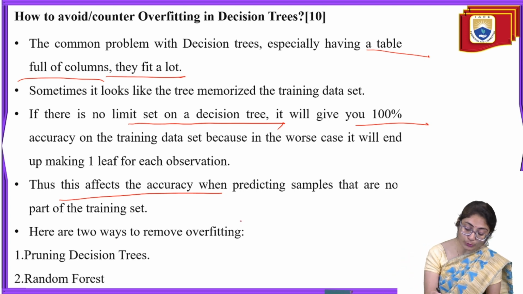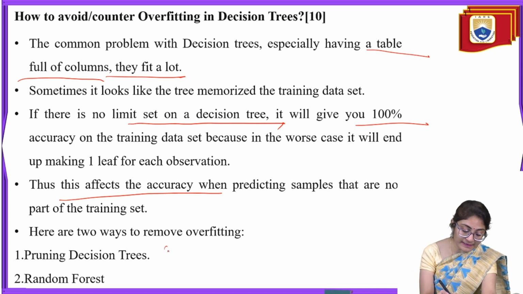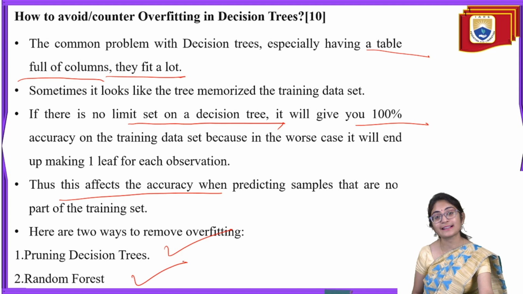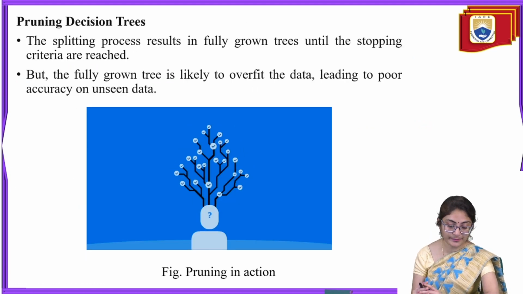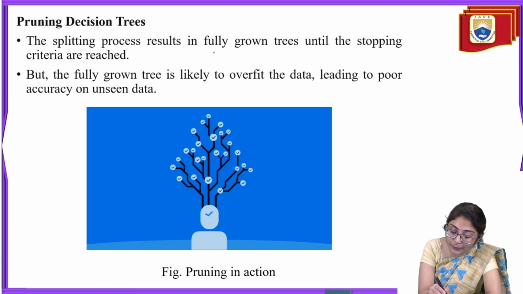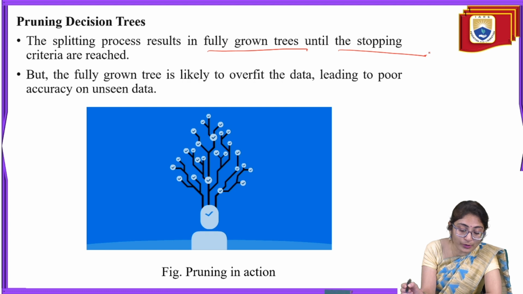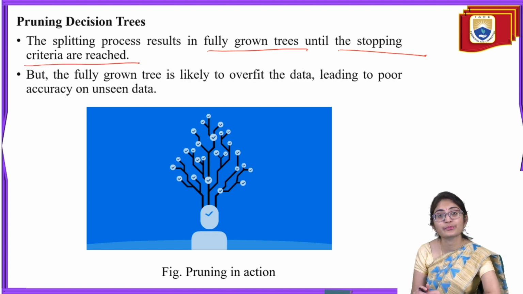And there are two ways for removing overfitting. The first one is pruning the decision tree, and another one is the random forest. Now, pruning decision tree. The splitting process results in fully grown trees until the stopping criteria are reached.